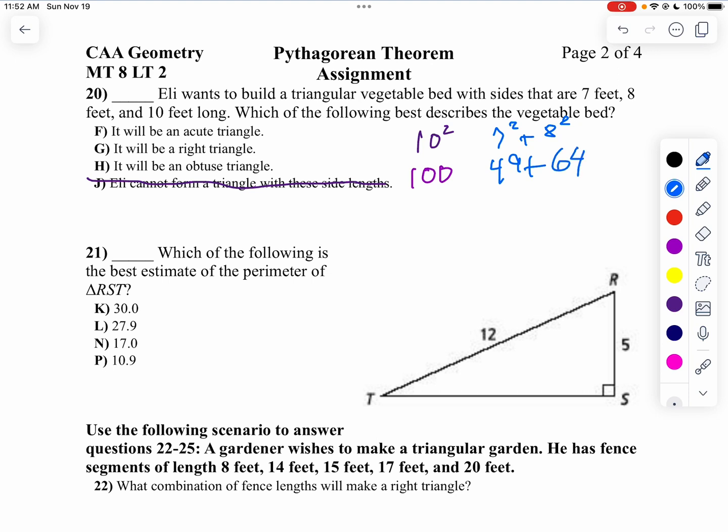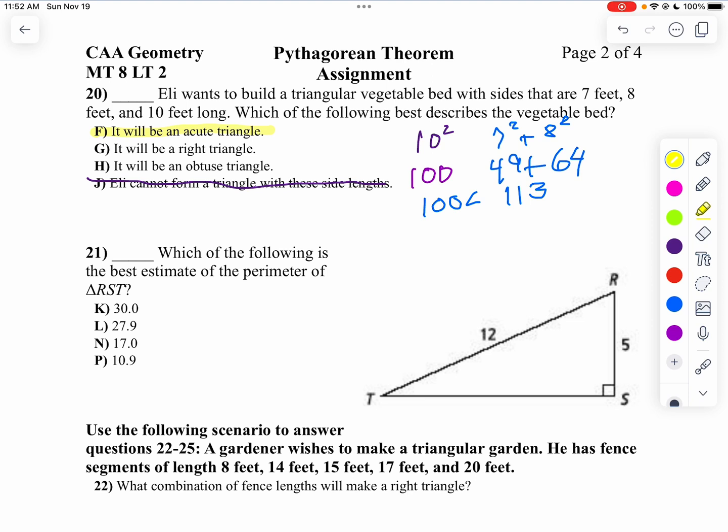I do know that 100 is less than, 4 plus 9 is 13, 113. Since 100 is less than that, that makes it acute. And so F is your correct choice.